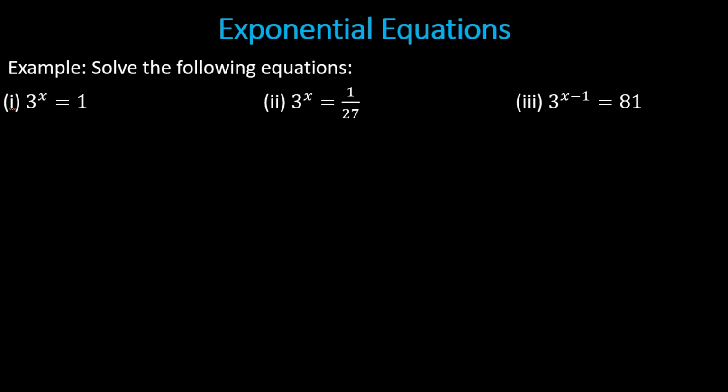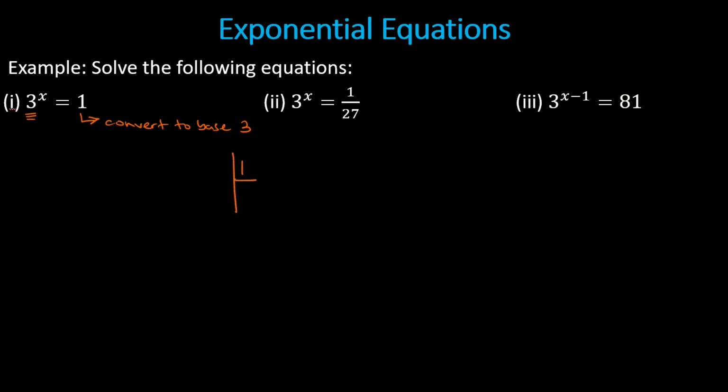Again, solve the following equations. First part, here we have 3 to the power of x equal to 1. What is the base of the left hand side? The base is 3. And the number 1, we need to convert to base 3. Now, how can we convert 1 to base 3? Do we divide?